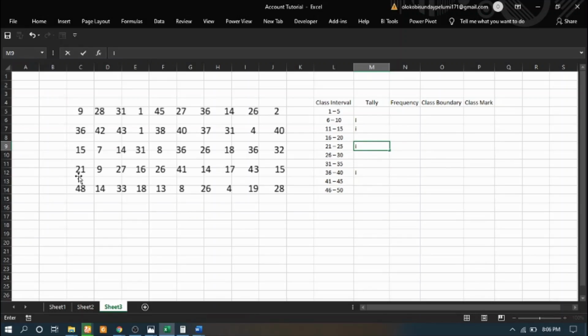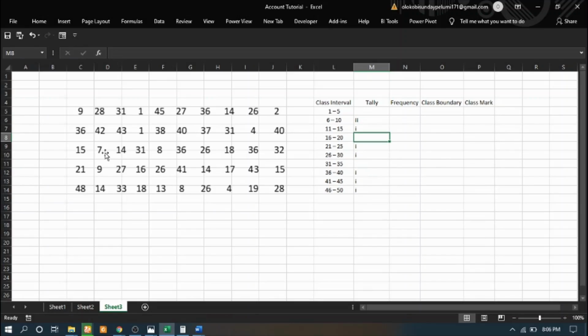Then 48 falls under this last. Next we have 28 falls under this last. Next we have 42 falls under this last. Next we have 7 under this last.